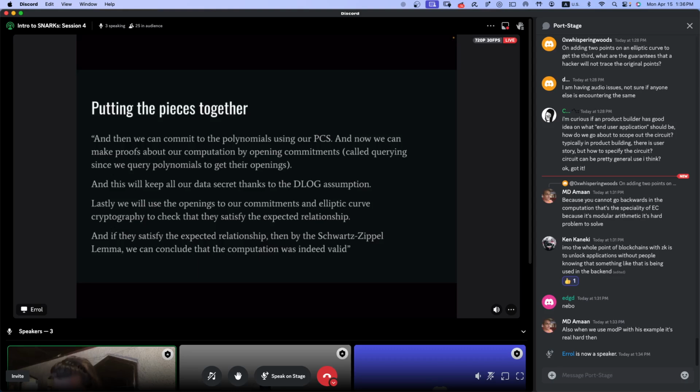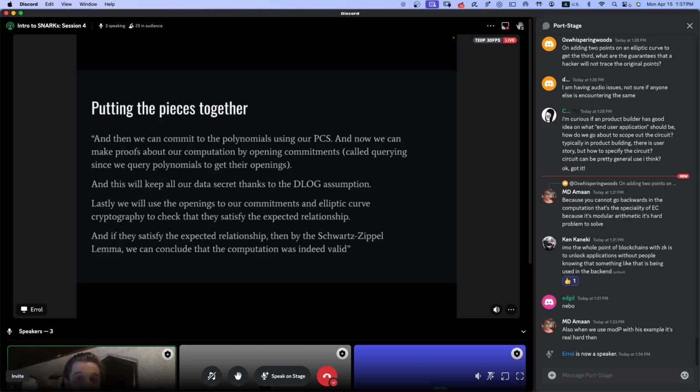And then we'll use the commitments in elliptic curve cryptography to check that they satisfy the expected relationship. And the way we check that is the Schwartz-Zippel lemma, if you remember. What ends up happening is that we mix the polynomials together, and we should essentially have two polynomials that embed all the information from the computation.